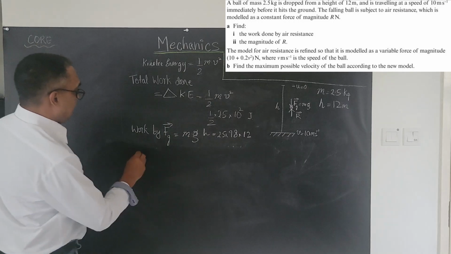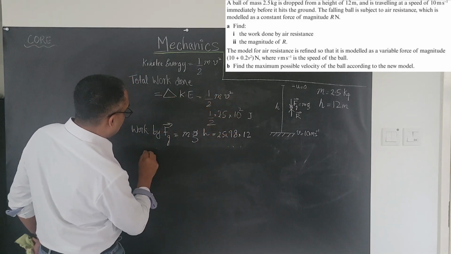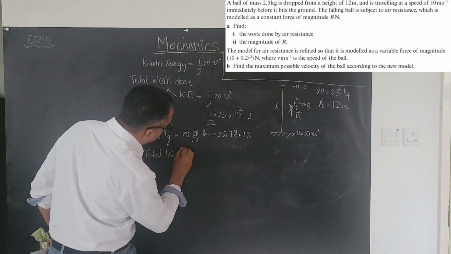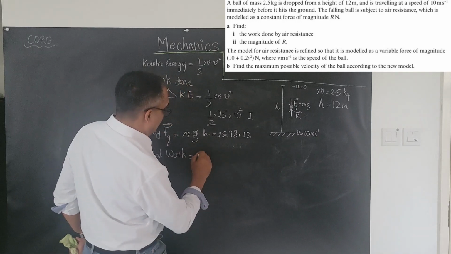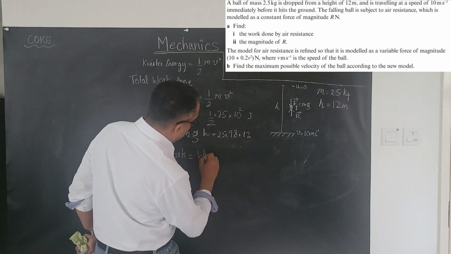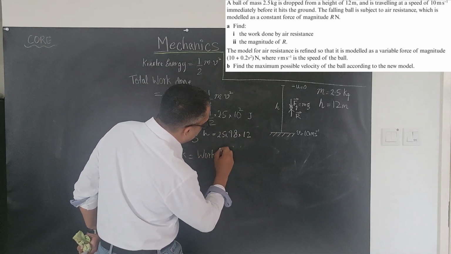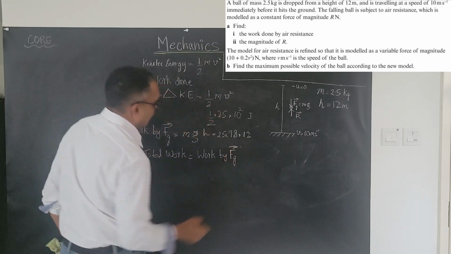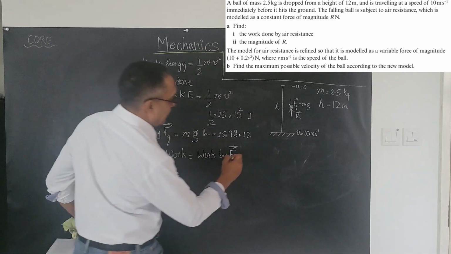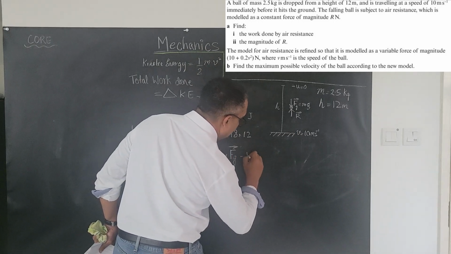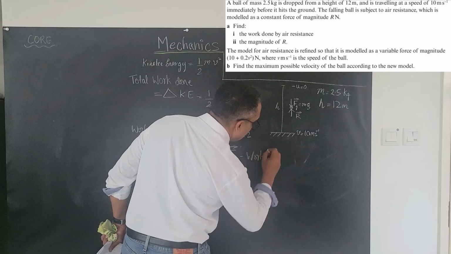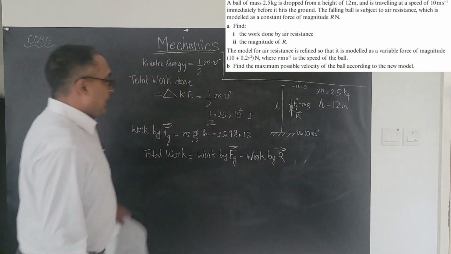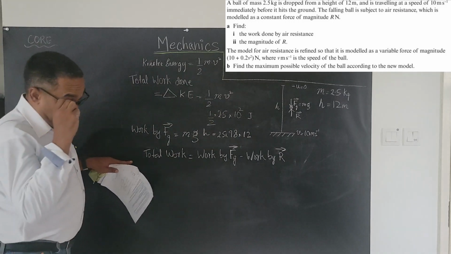So in this particular case, because of directions, total work is equal to work by Fg minus work by R. Now, if you didn't put this there, first of all, it would be very misleading.